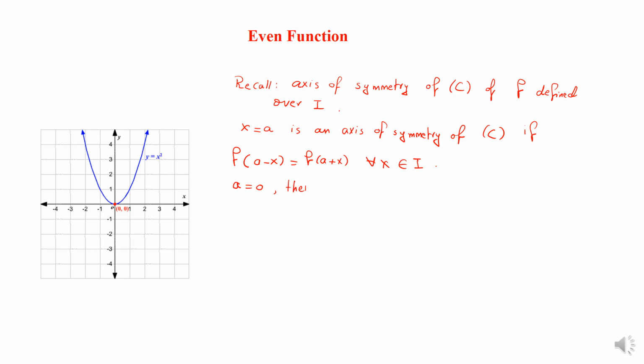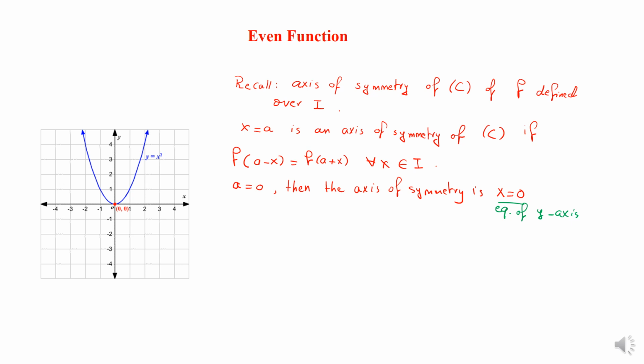Then the axis of symmetry is x equals 0. X equals 0 is the equation of what line? It is the equation of the y-axis. Now here, the line of symmetry is the y-axis.